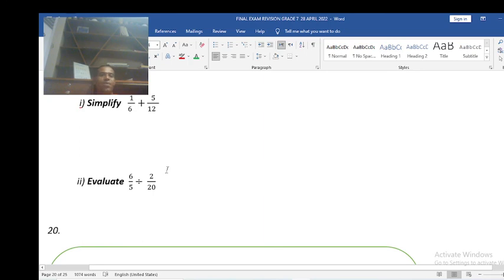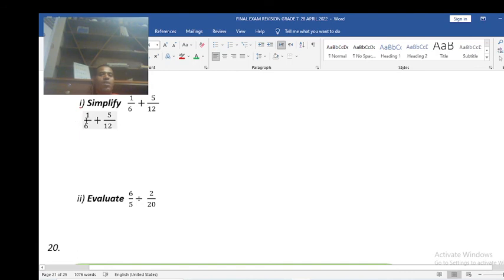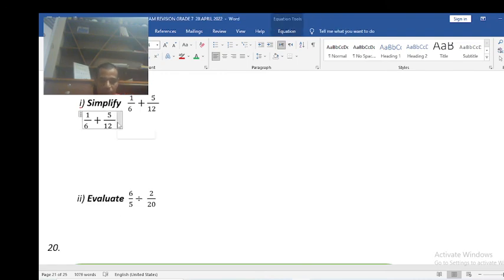Okay, now simplify 1 over 6 plus 5 over 12. I'm going to simplify this. I just multiply this by 2 to get the same denominator, because the least common denominator is 12.